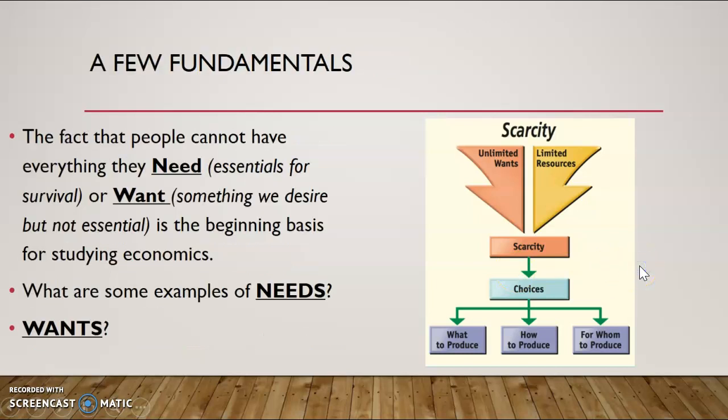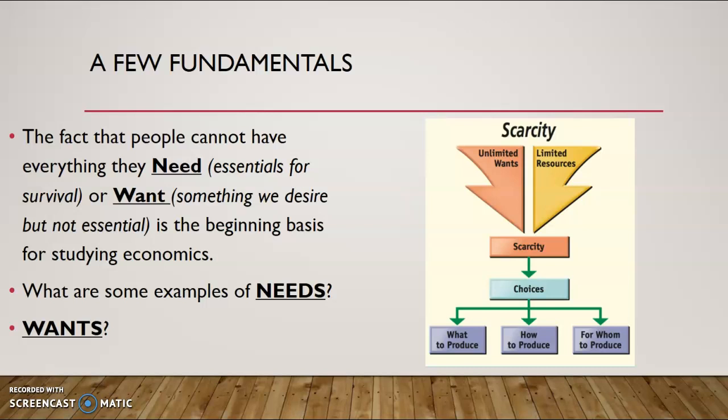So the fact that people can't have everything they need, and you see needs and wants here. Needs are essential for survival: food, water, shelter, things like that. And they don't have everything they want. Wants are not essential for survival. They may seem essential, like you've just got to have this kind of clothing.